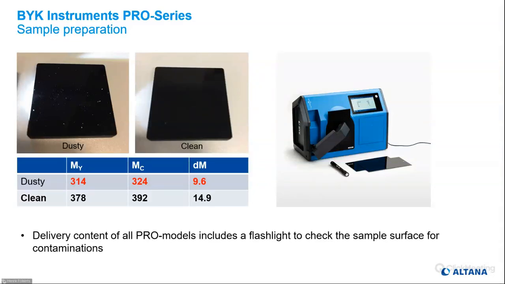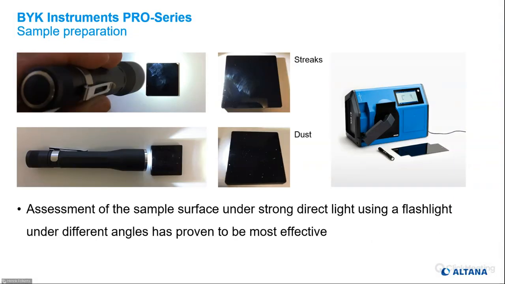That's why we add a flashlight to the delivery content. So why a flashlight? Here is the setup. To see the dust and dirt on the sample, you really need to put the sample and the flashlight in the same plane, at the same level, so here on a desk with the flashlight beside it.